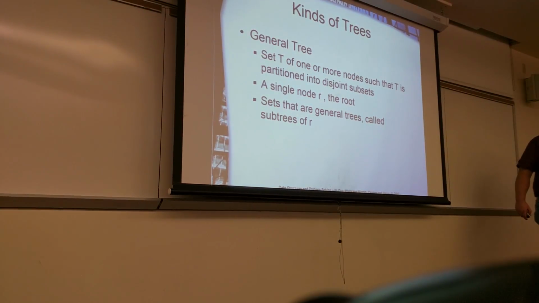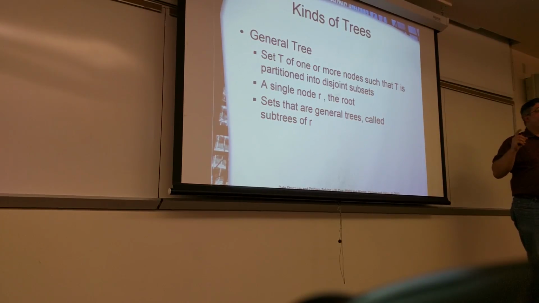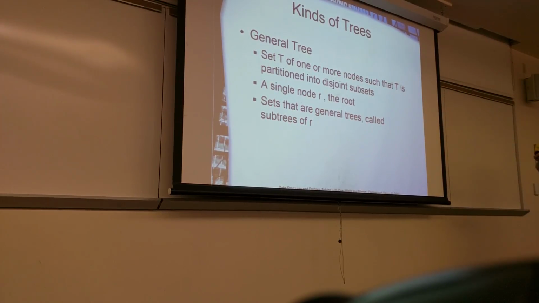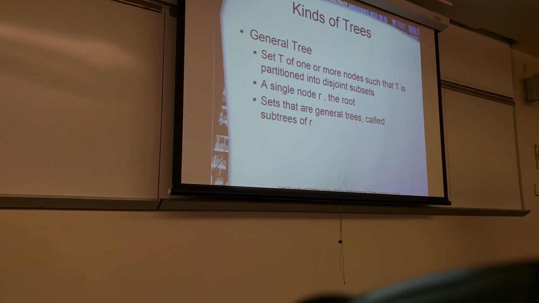Okay, so, kinds of trees. A general tree, this is kind of the mathy definition for a tree, is a set T of one or more nodes, so you have to have at least one node. Actually, you can have an empty tree. But a set of one or more nodes such that T is partitioned into disjoint subsets.